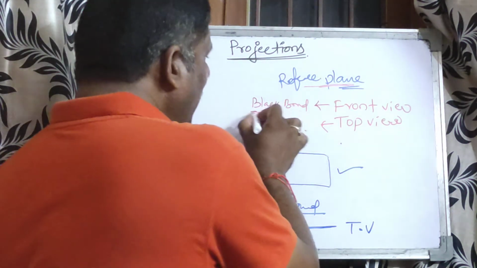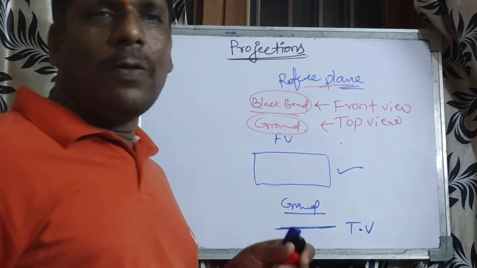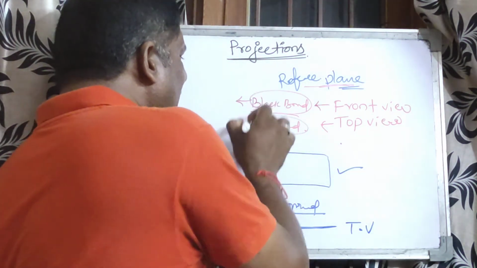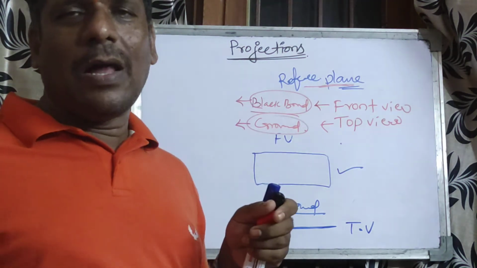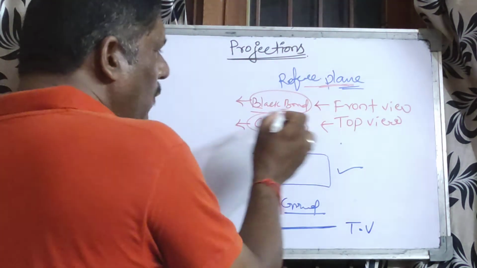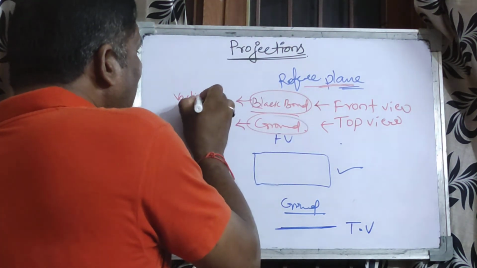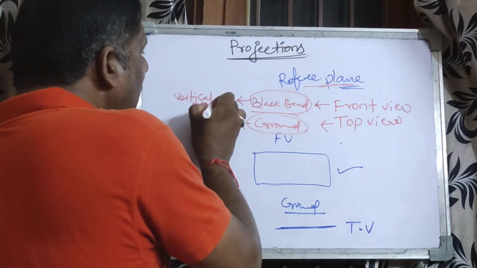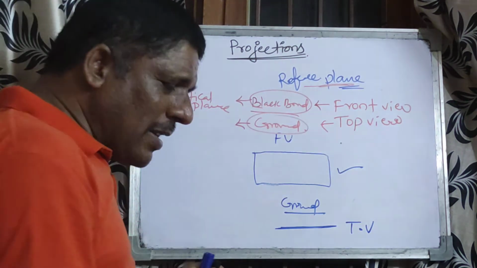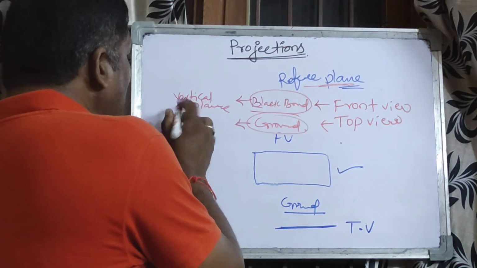So what do we call this blackboard, and the ground, in the technical term in drawing? This blackboard we can call a vertical plane, because it is vertical. And this ground we can call horizontal, so we call it the horizontal plane.